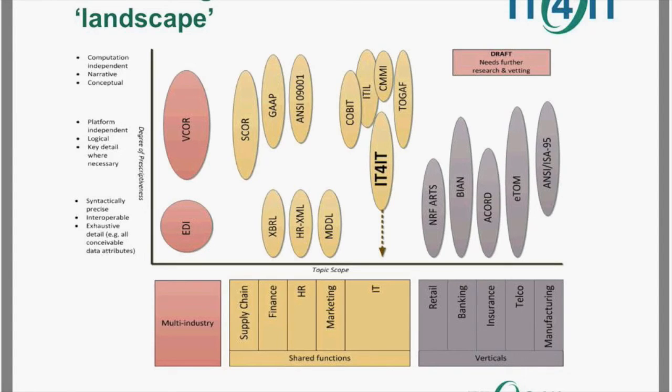There are a number of others here. I'll let you see them on the chart in terms of both industry standards for information sharing, IT operational standards for supply chain, finance, HR, marketing, functions that IT traditionally delivers a lot of value in, how IT operates itself, and then standards that are relevant to industry verticals.